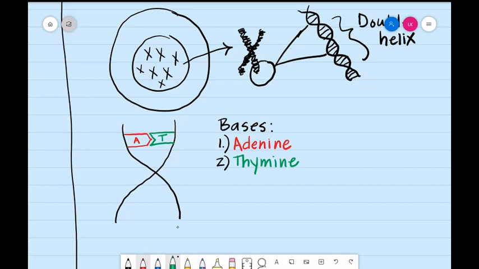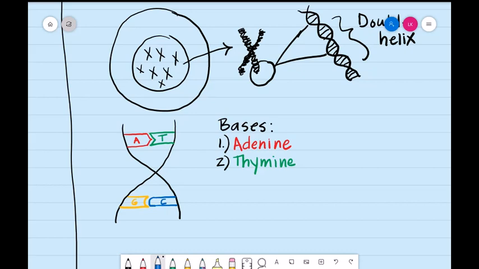Okay, and anytime there is a guanine, it is going to pair with a cytosine.